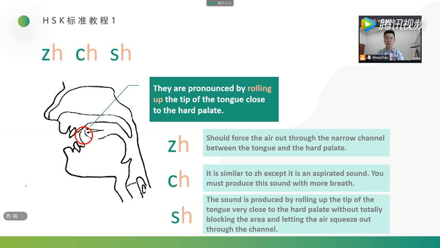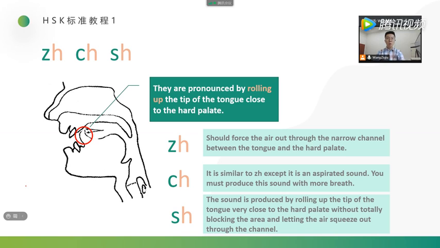诗。When we pronounce 诗, we should roll up the tip of the tongue very close to the hard palate without totally blocking the air and letting the air squeeze out through the channel.